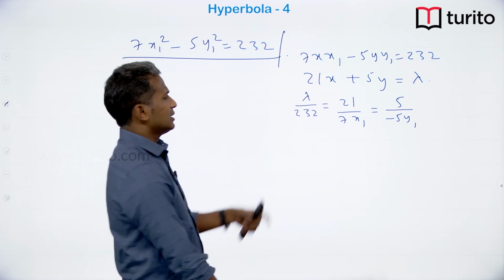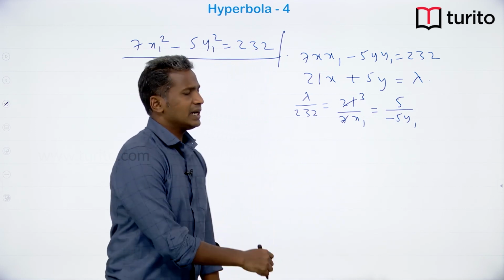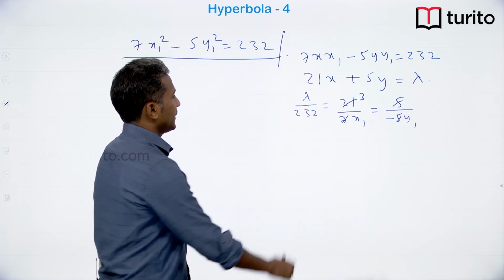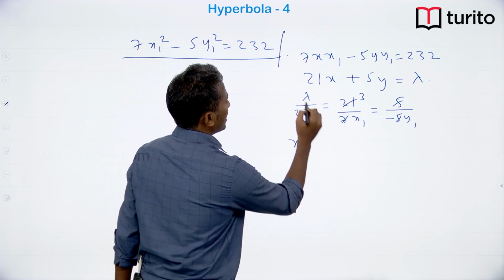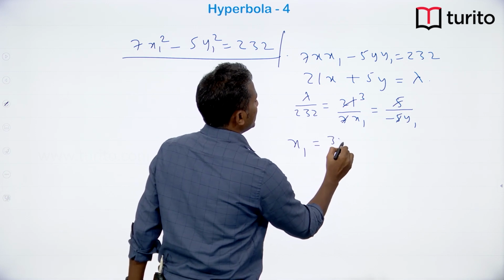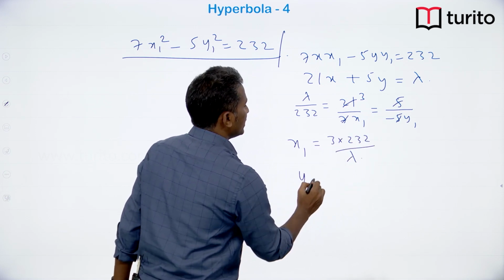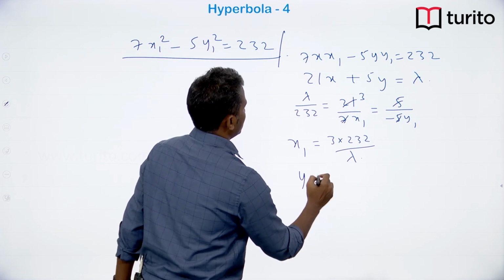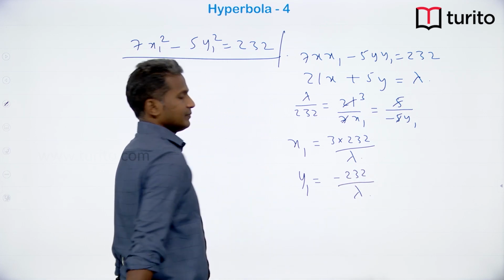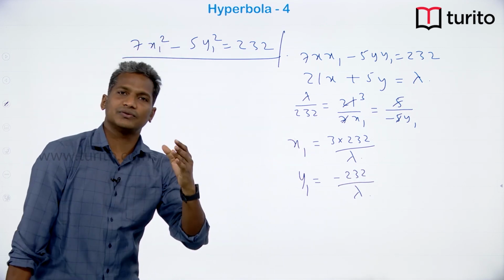So now here cancel as many as you could, and get x1 and y1 only in terms of lambda. So here x1 is coming out to be 3 into 232 by lambda, and y1 is coming out to be minus 232 by lambda. Now just put these two in this and get the value of lambda.